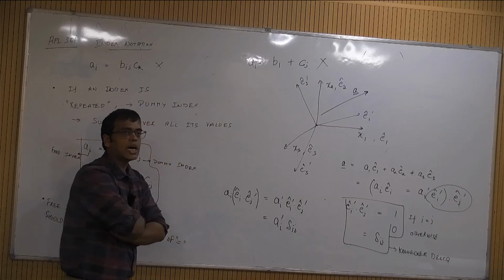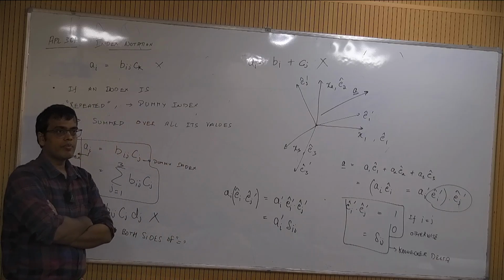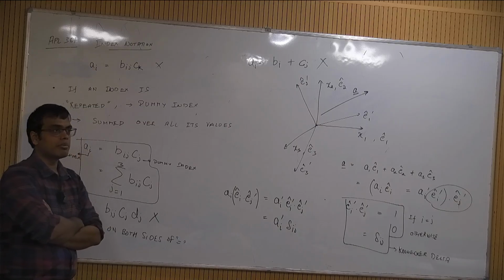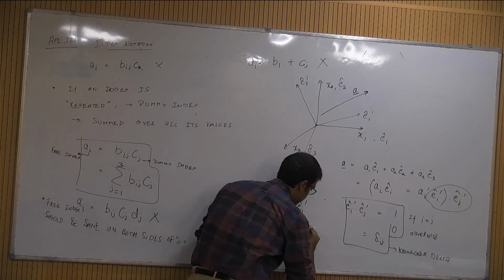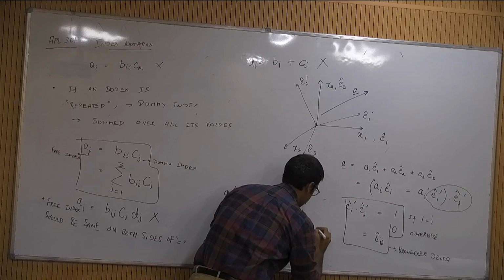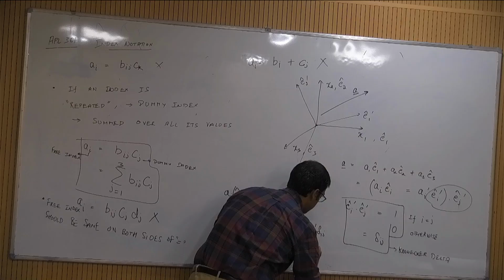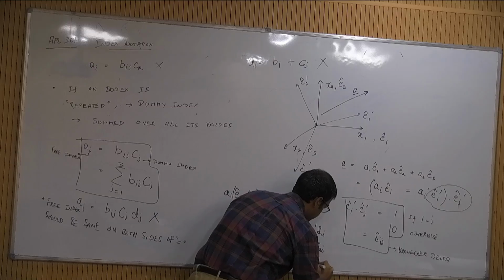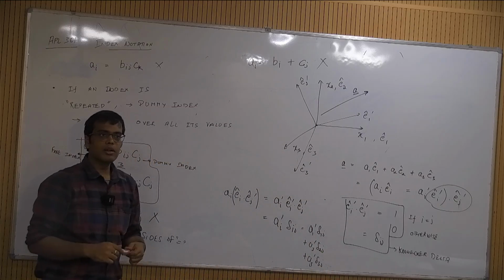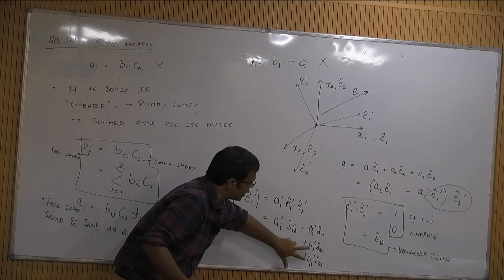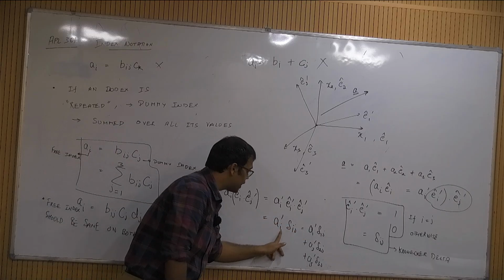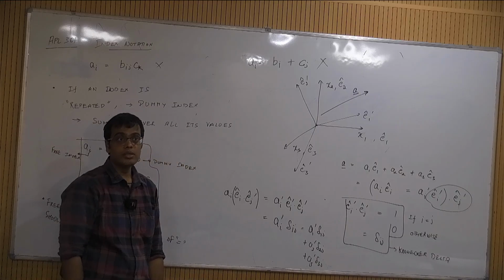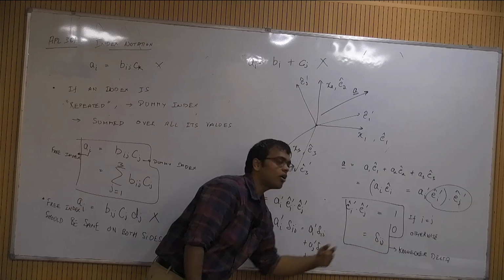A i prime delta ij, A j prime or A j dash. Why? Because by definition it is equal to A 1 prime delta 1j plus A 2 prime delta 2j plus A 3 prime delta 3j. Now, based on the value of j, this expression is going to filter out one of these three, and the index will be equal to the value of j by the definition of delta ij.